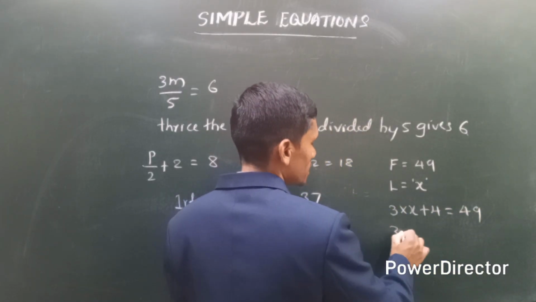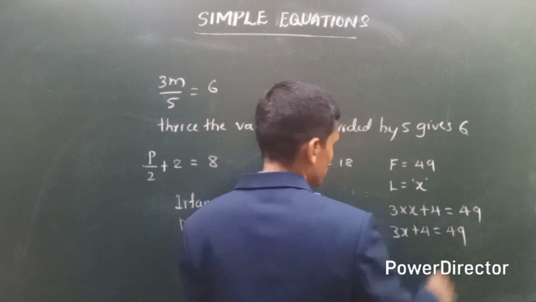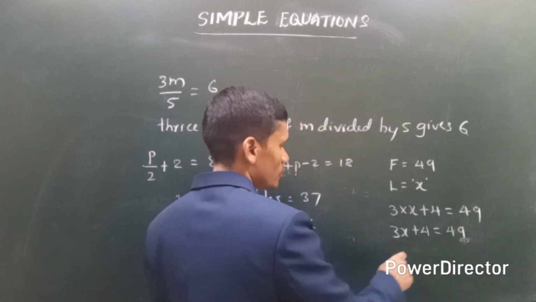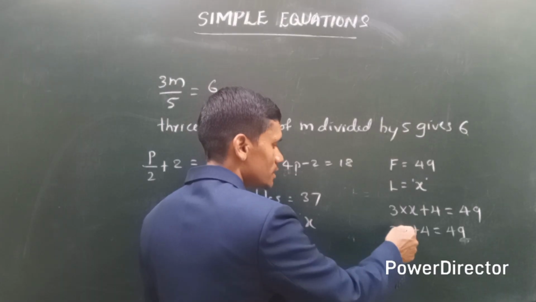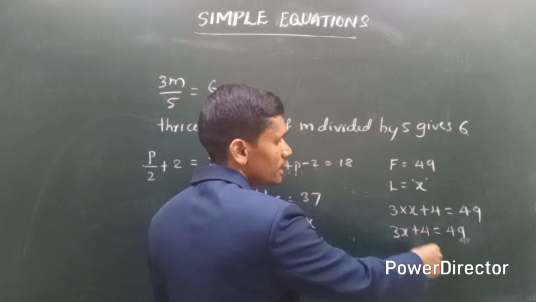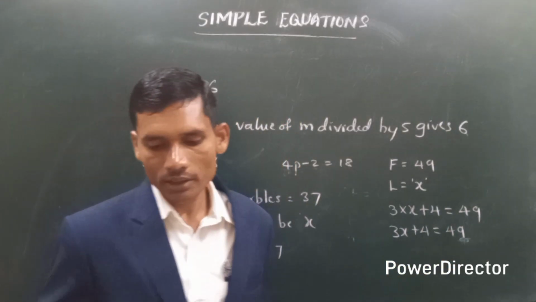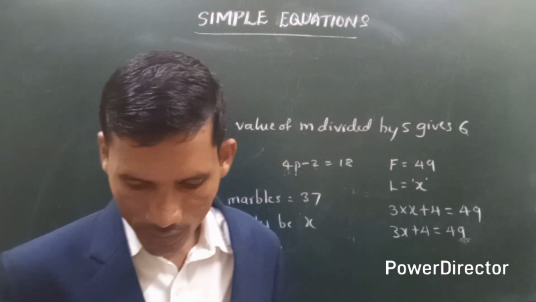So how to write this? 3x plus 4 is equal to 49. Lakshmi's age we don't know, but 3 times Lakshmi's age, when 4 extra years are added, is equal to the father's age, 49. This is how we can set up the equation.